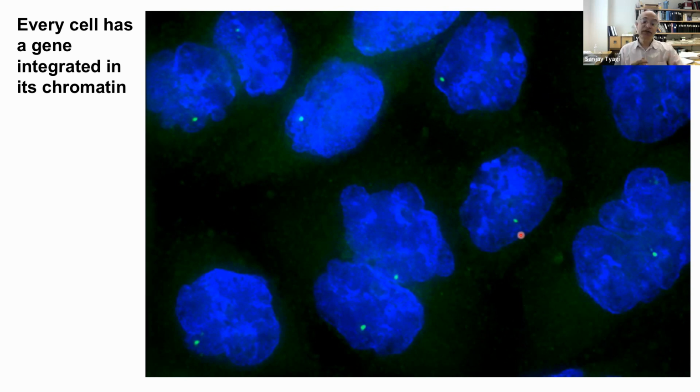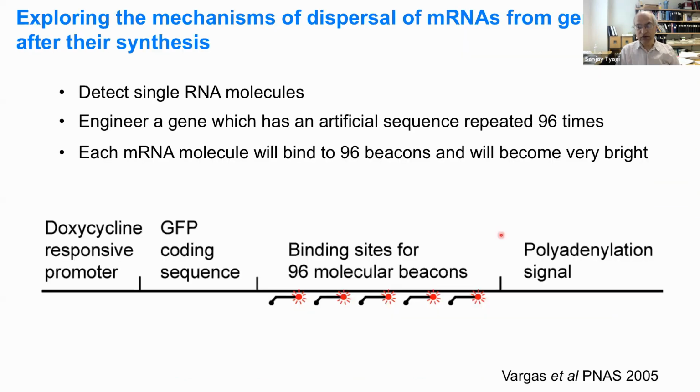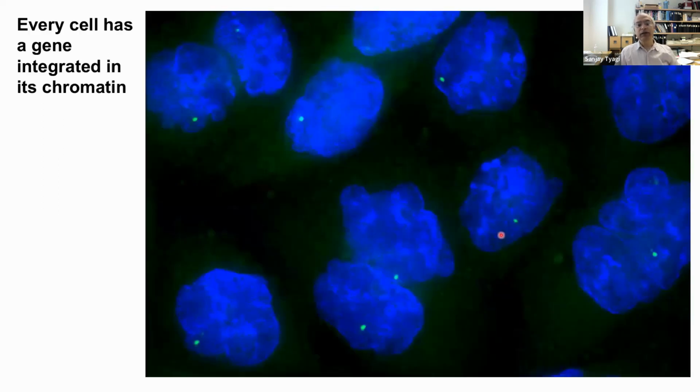So we said we have an opportunity to look at RNA movement in the nucleus and ask, is it active or not? So that's why we engineered this gene with tandem repeats. And this gene not only codes for GFP, we can control the expression of this gene, and we isolated cell lines that had a copy of this gene integrated in some place in the chromatin.